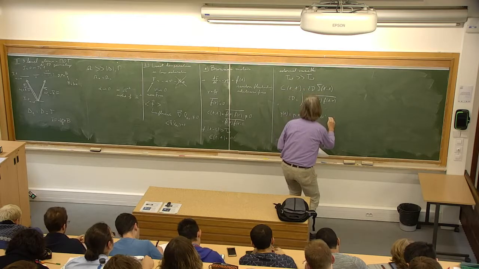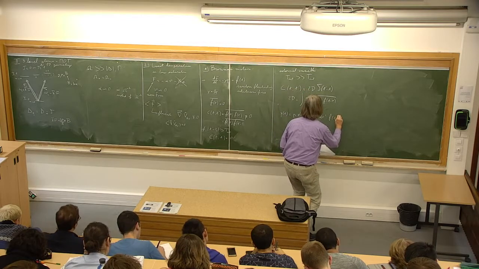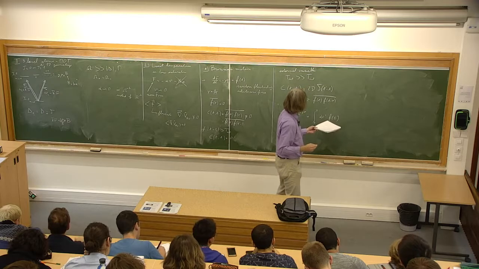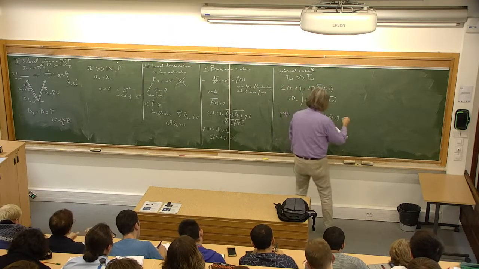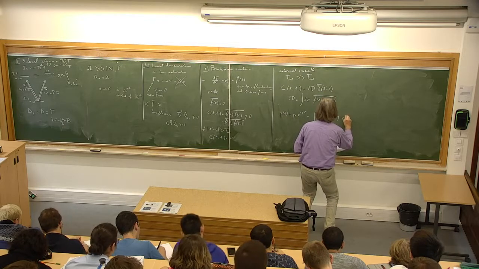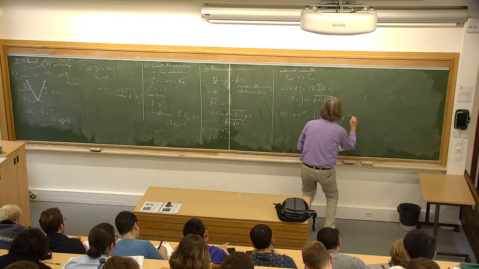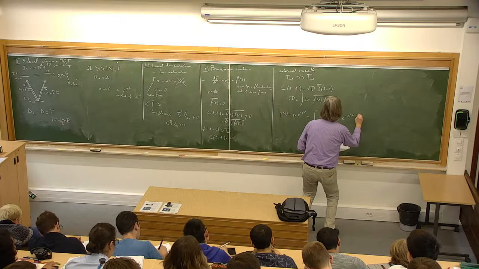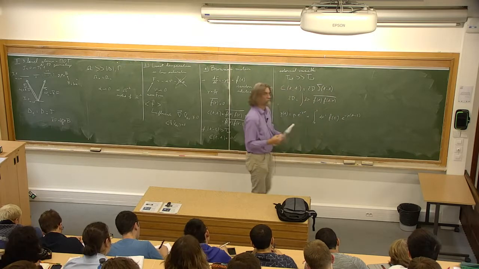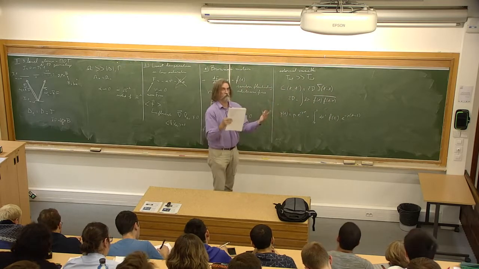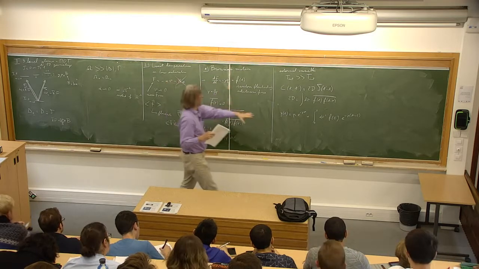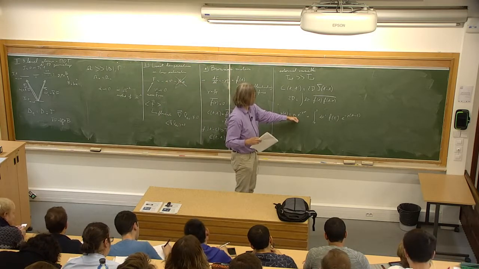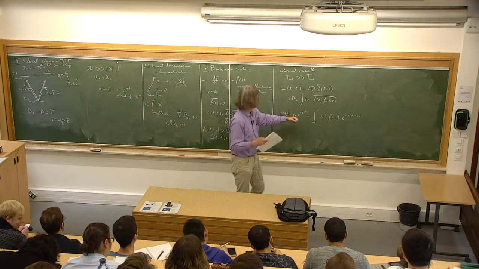So f of t prime. But these kicks have been damped also, and you have a damping factor which is t minus t prime. So this is just the formal integration of this expression. And you see that this is just the initial momentum that is damped.